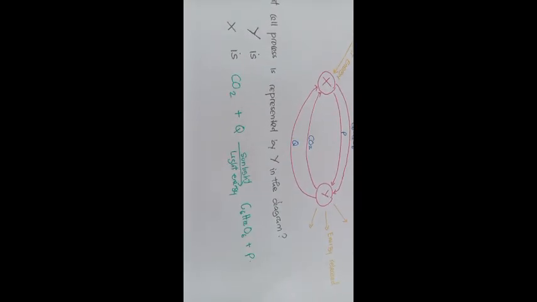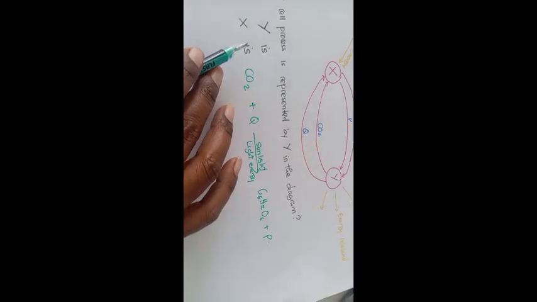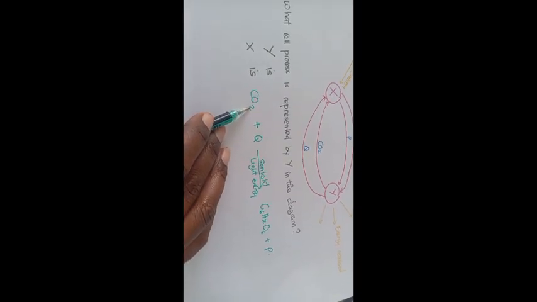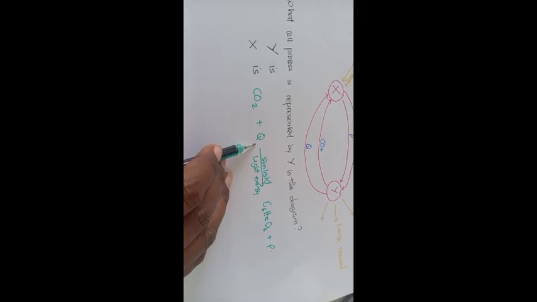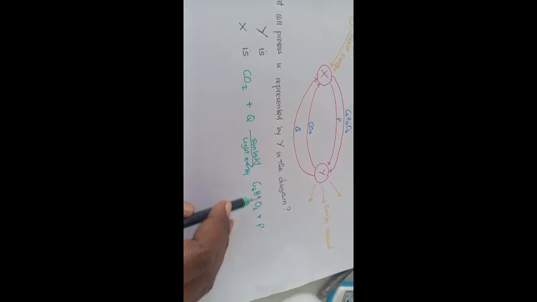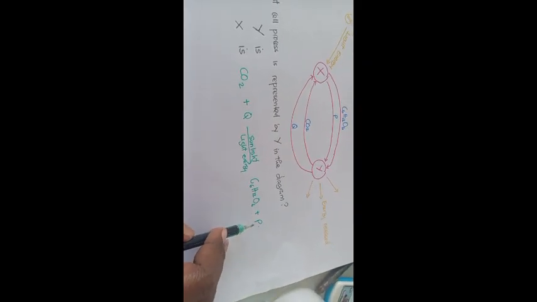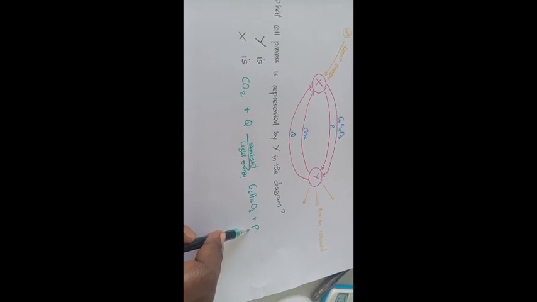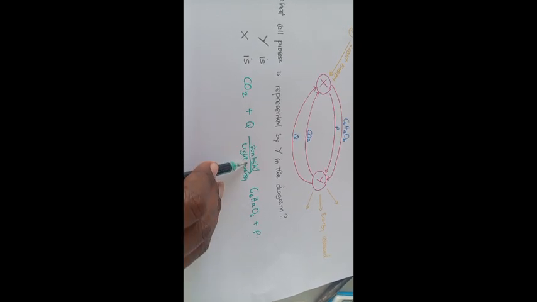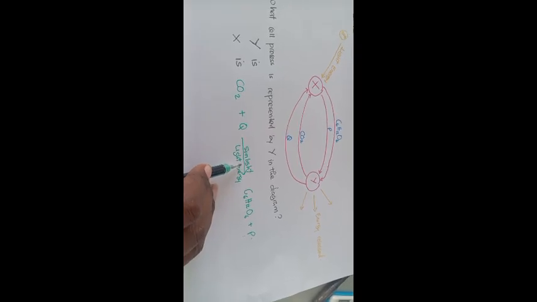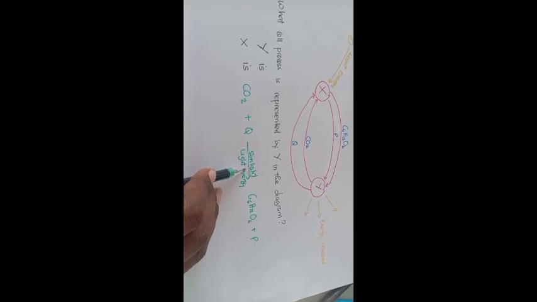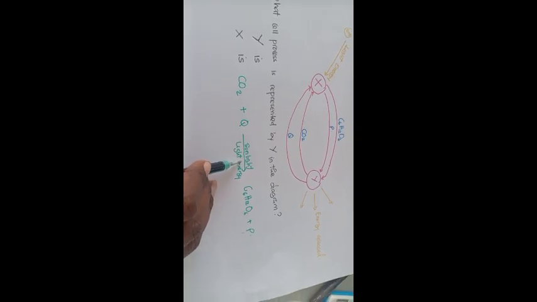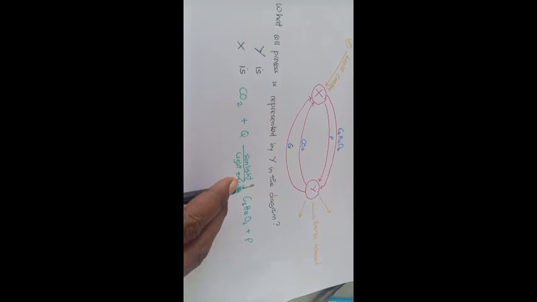Let's study the equation. The cell process X needs carbon dioxide, it needs this Q, and in the presence of sunlight, it will give glucose plus whatever substance there is. If you look at it, the only thing that needs sunlight to process its food is the plants, and they undergo a process known as photosynthesis.